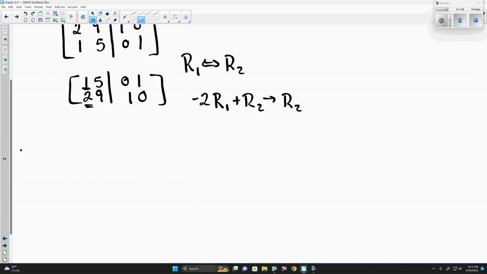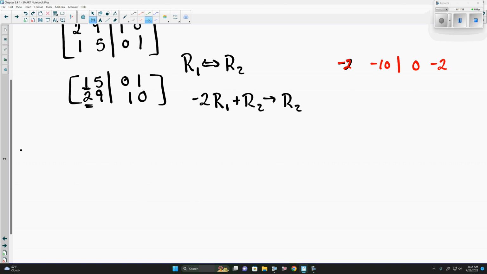So if we do that multiplication off to the side, 1 times -2 is -2. -2 times 5 is -10. Bar. We've got to do it to all of them. So -2 times 0 is 0. -2 times 1 is -2. So I apply it to every number in that row on the left and right side of that bar.